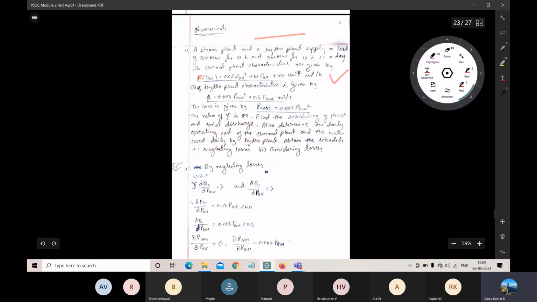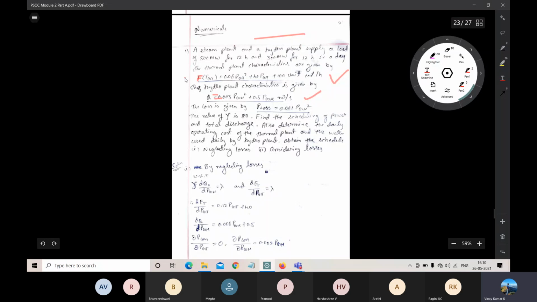This is for the thermal plant, and similarly for the hydro plant, the characteristic equation based upon the amount of water is q equals 0.03 PGH square plus 0.5 PGH meter cube per second. So this means this amount of power is generated by utilizing the water for 1 second.